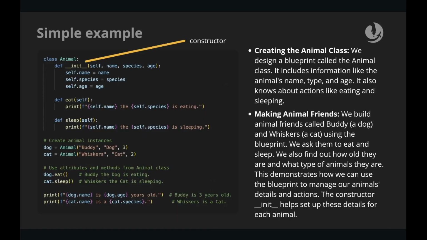But before we talk about inheritance, let's take a look at this very simple code example where we have only one general class called Animal. So later we will create a class for the dog and for the cat. These classes will inherit from the Animal class, but for now, as mentioned before, we have only one general Animal class.